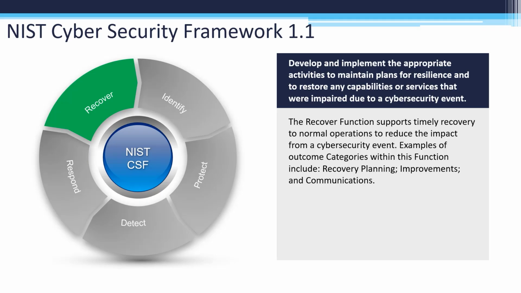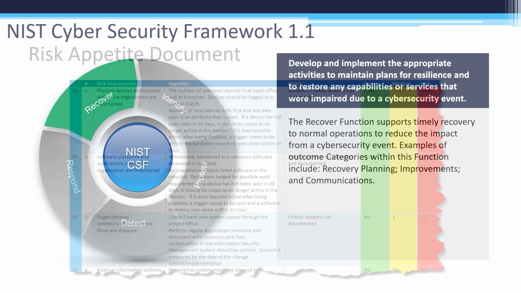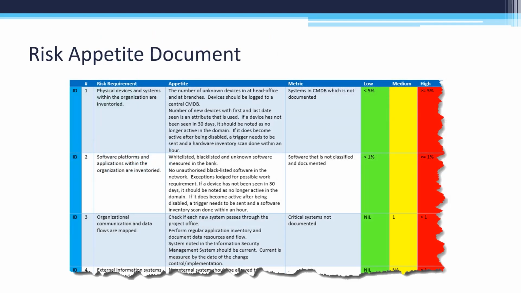Now, we do all this from an asset risk management point of view based on a document called the risk appetite. Here I have an example where I have a risk requirement, the appetite that we have, the metric that we'll use, and also the red, green, and amber rating of that actual attribute. For example, number 1 here is that physical devices and systems within the organization are inventoried.